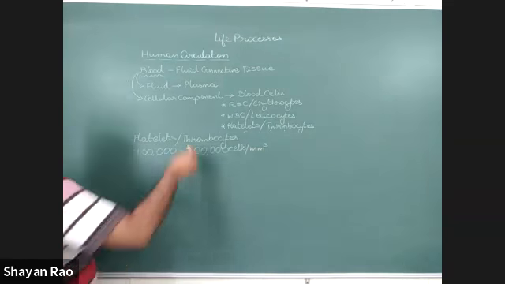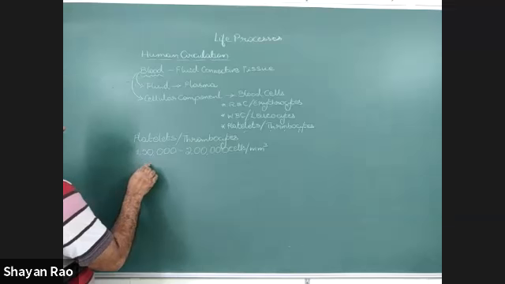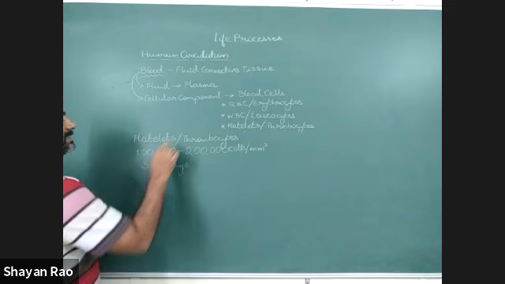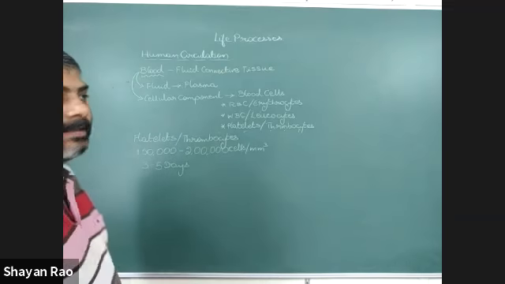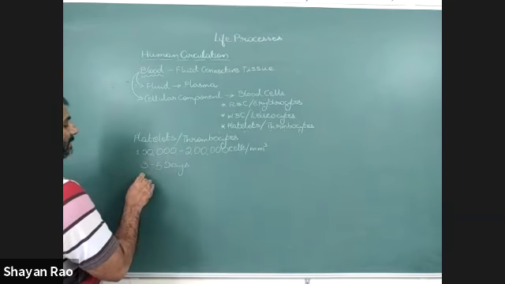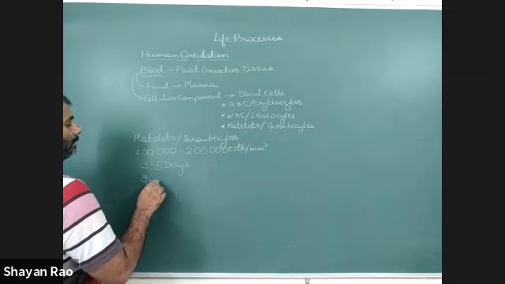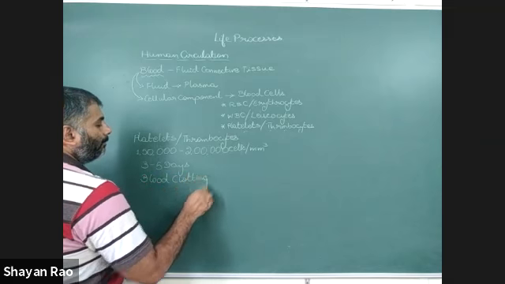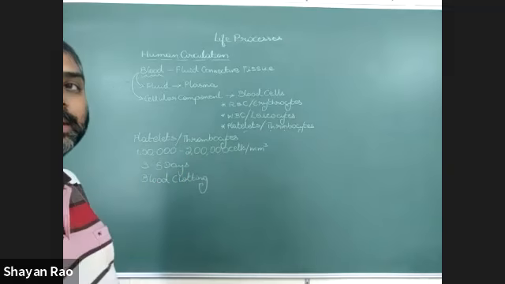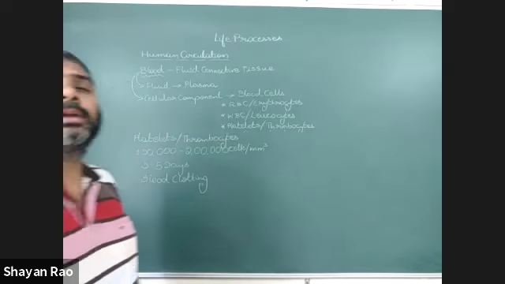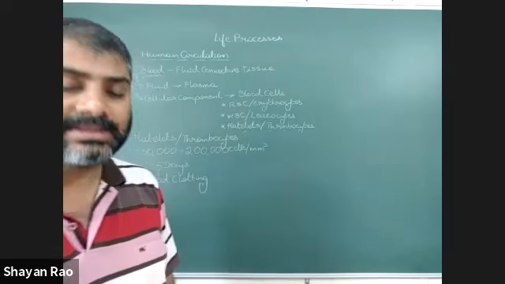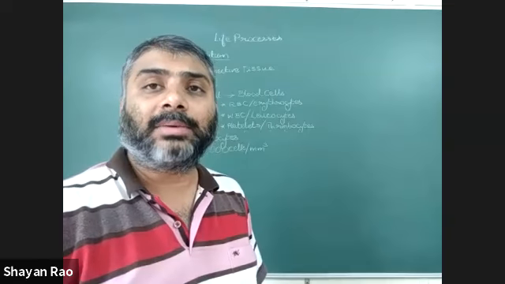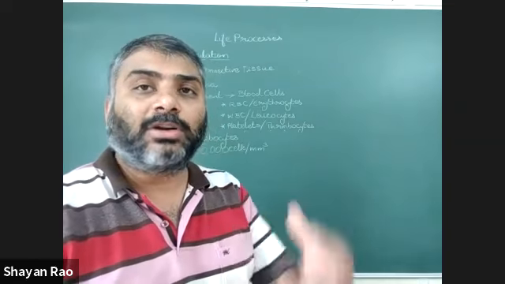And what's the lifespan of these thrombocytes or platelets? Lifespan is just 3 to 5 days. And what is its importance in the human body? Thrombocytes or platelets help in blood clotting. Whenever we experience an injury on the body, that injury leads to blood loss, bleeding.